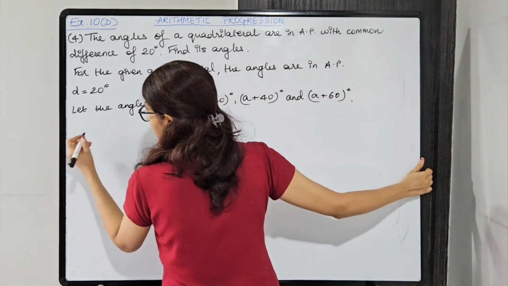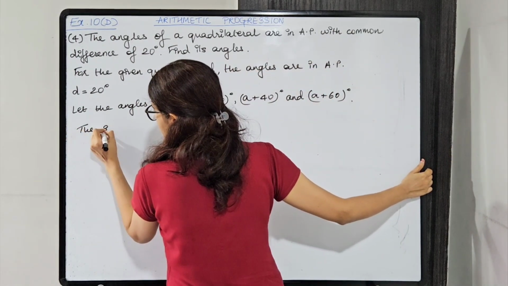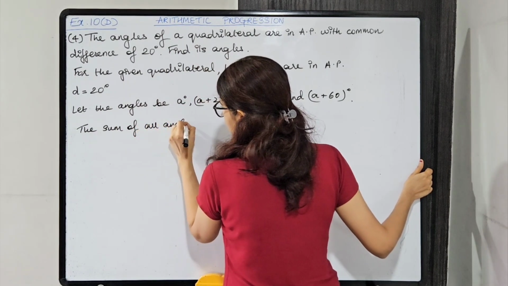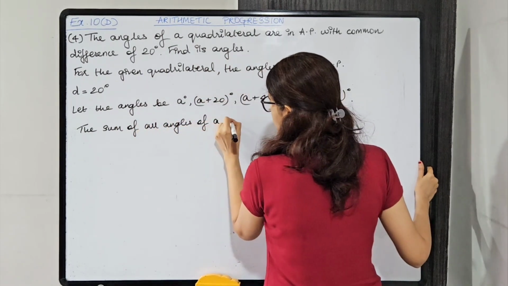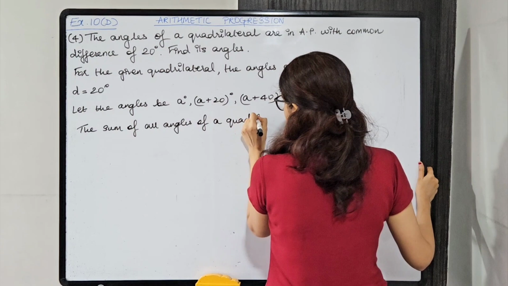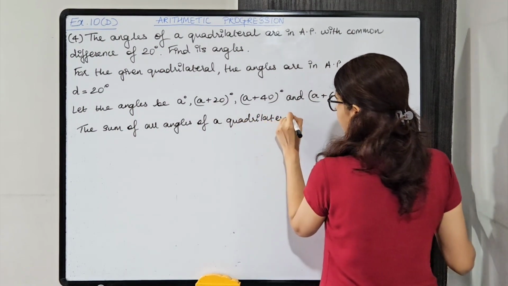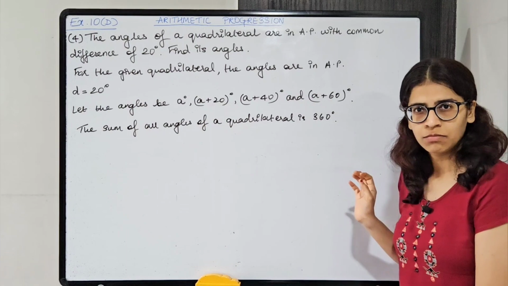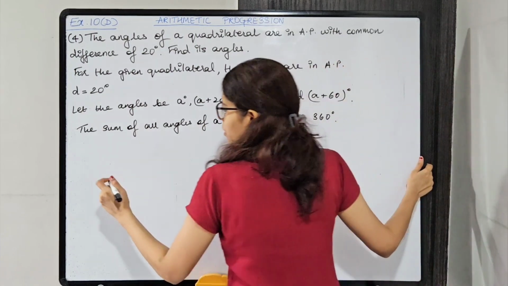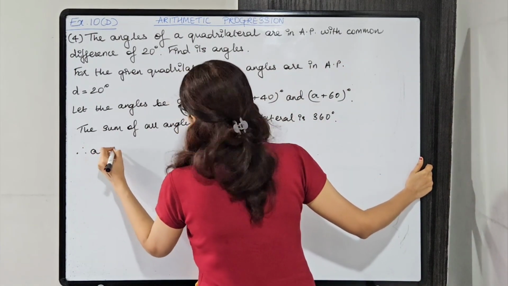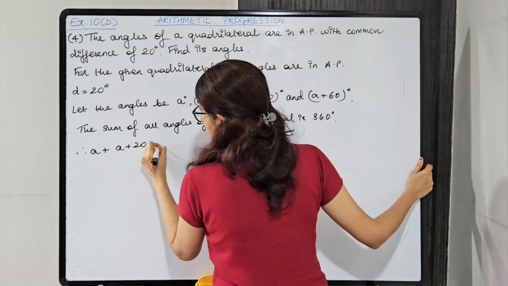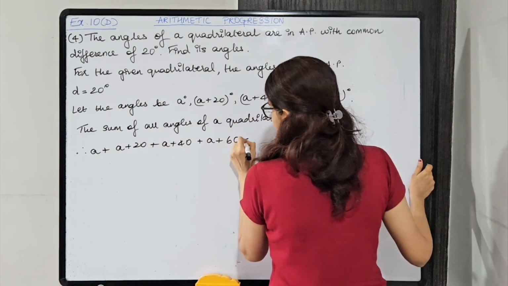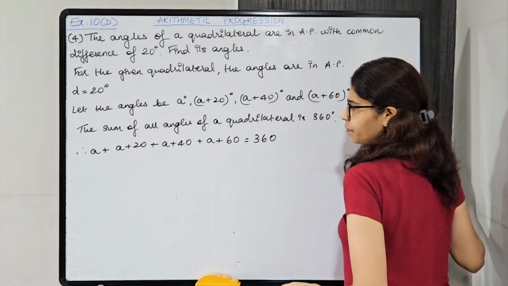So just write down the sum of all angles of a quadrilateral is 360 degrees. You have to give this reason. Therefore A plus 20 plus A plus 40 plus A plus 60 is 360.